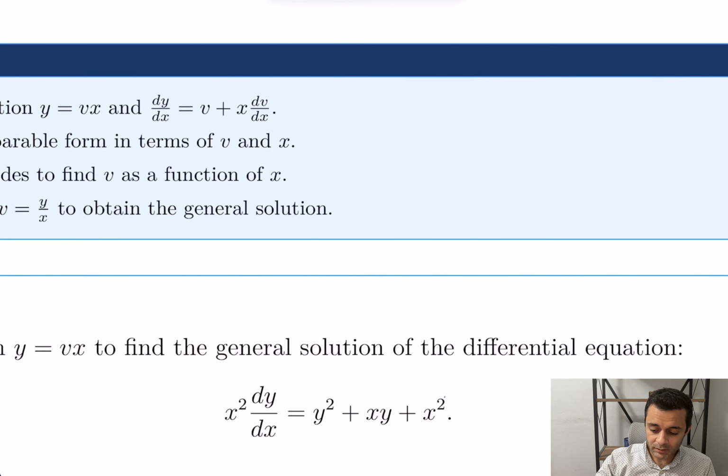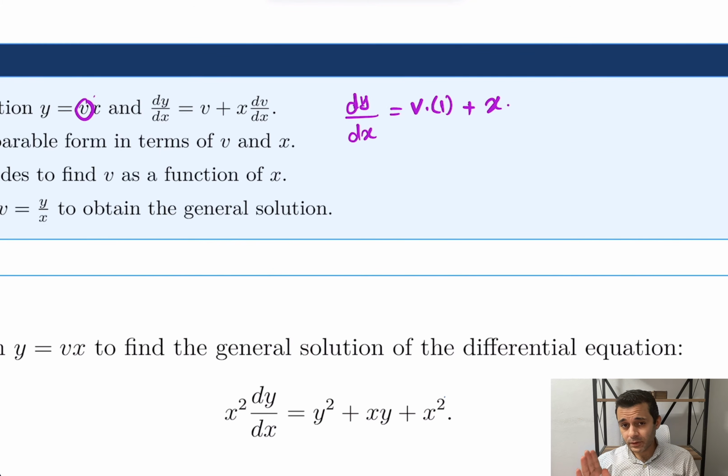Let's check together. If y is equal to v multiplied by x, keep in mind that v is a function of x, so to differentiate these we have to apply the product rule. So now we'll say dy over dx equals, you remember the product rule, it says keep the first one v as it is, but differentiate only the second one x, which will be 1, plus, now the opposite, keep the second one x as it is, but differentiate the first one v.